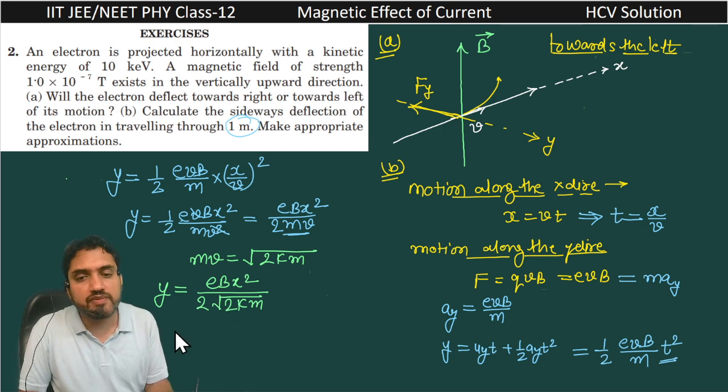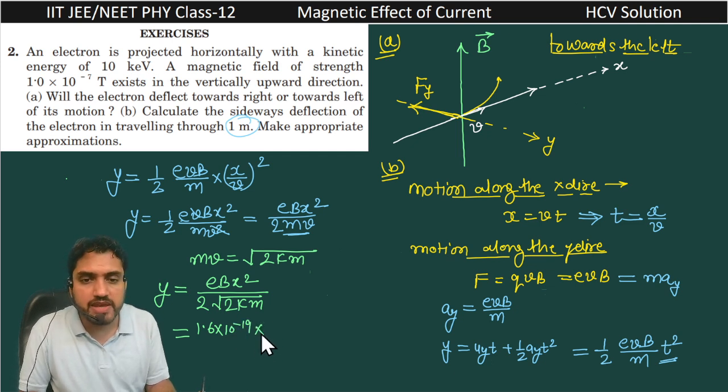So what is e? e is definitely 1.6 × 10^-19, that is the charge on the electron. B is given as 1 × 10^-7 Tesla.